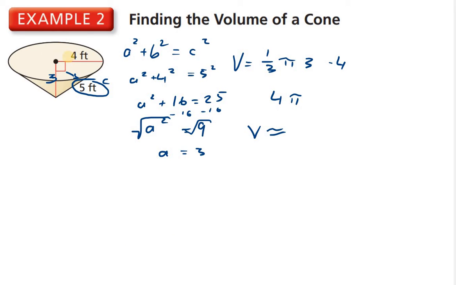I made a mistake here. Radius squared. So that is 16 pi. There we go. So the volume comes to be about 50.27, and this is in feet cubed.